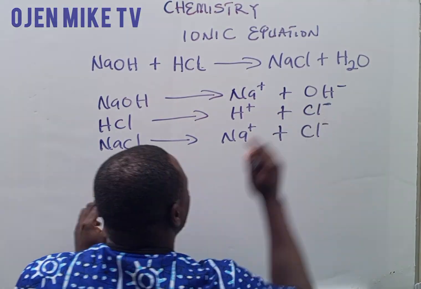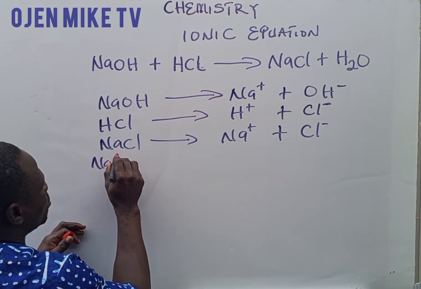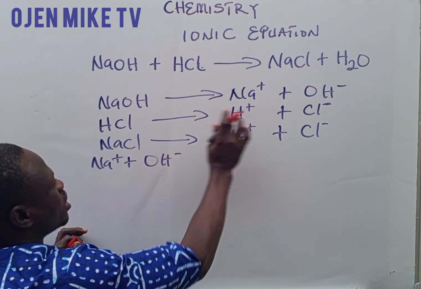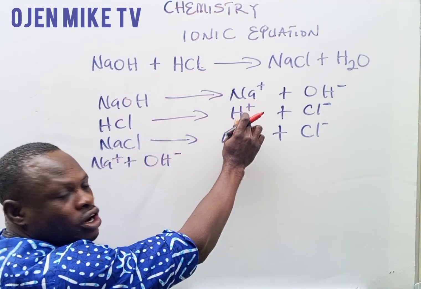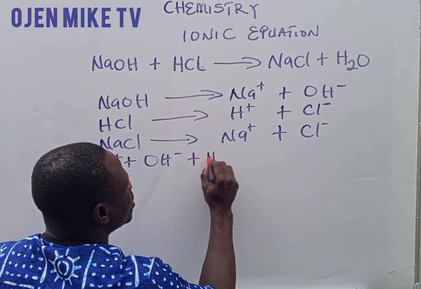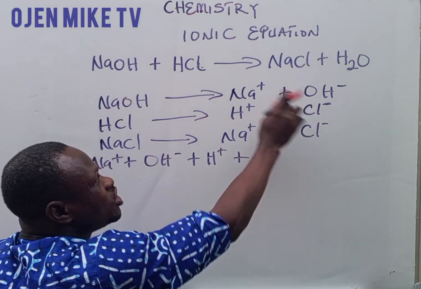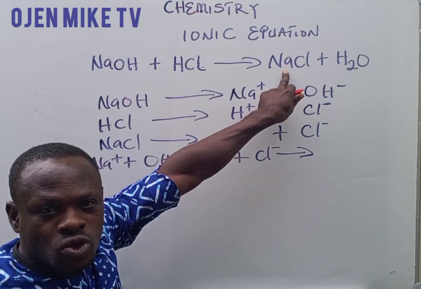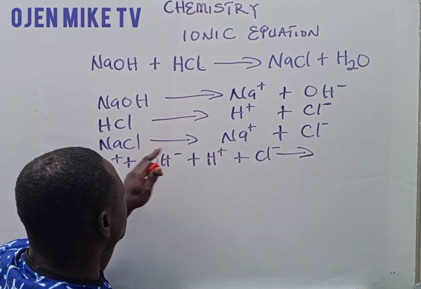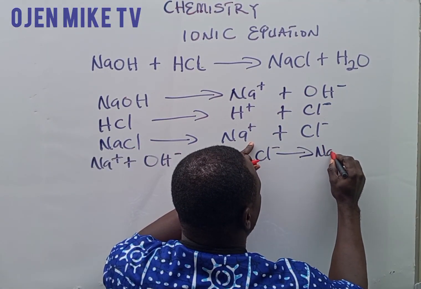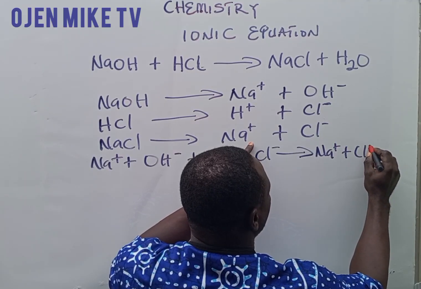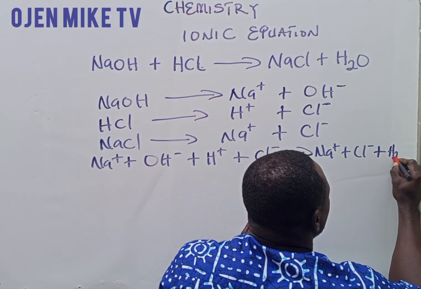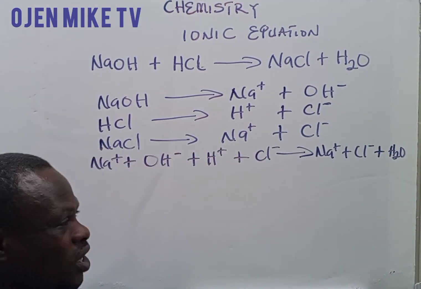The first thing is Na+ plus OH-, plus the ionization of HCl, H+ plus Cl-. These will now react to give sodium chloride ions, Na+ plus Cl-, plus H2O.